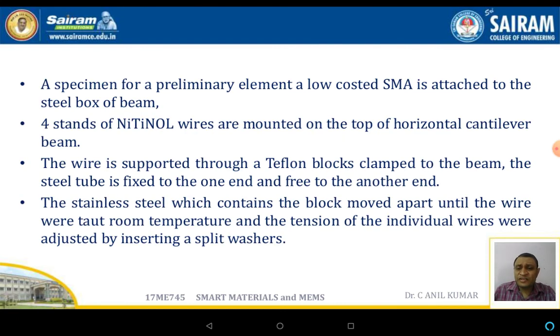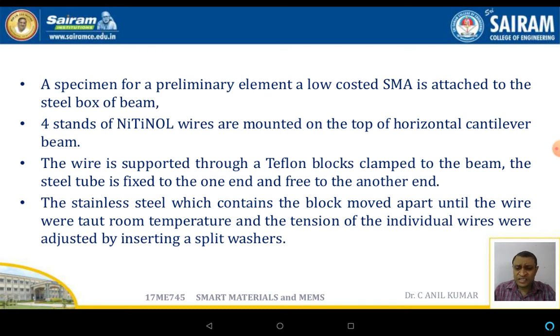Now a specimen of a preliminary element, a low cost SMA, is attached to the steel box, or it may be a steel tube in the form of a beam. 4 strands of nitinol wires are mounted on the top of the horizontal cantilever beam. The wire is supported through a Teflon block which is clamped on the beam at the fixed end and at the free end.